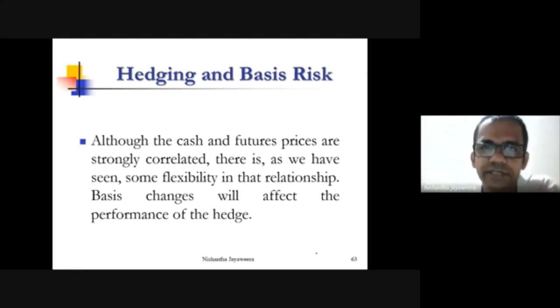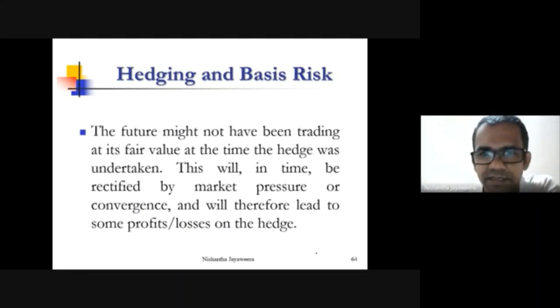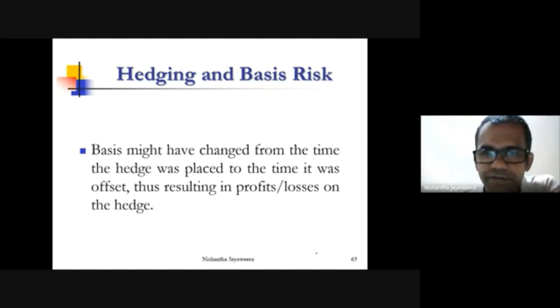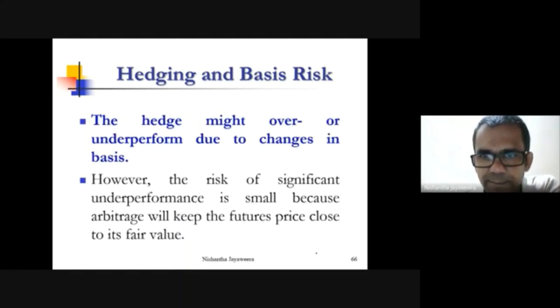So that's why we call it the basis risk. The other thing is the futures may not trade fairly. Again, that can create a profit or loss on the hedge. So as I mentioned, your hedge may underperform or overperform. What do you mean by overperform? You make a profit.